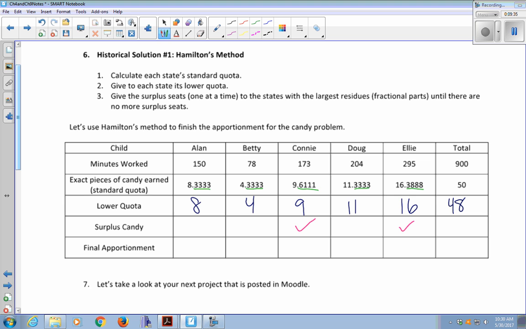Then we add the lower quota plus the surplus together. Alan just gets the 8. Betty gets 4. Connie gets her 9, her lower quota, plus one of the extra pieces, so she gets 10 pieces of candy. Doug gets 11, and Ellie gets her lower quota of 16, plus one of the surpluses, so she gets 17. And when you add them up, you should have given out all 50 pieces of candy.